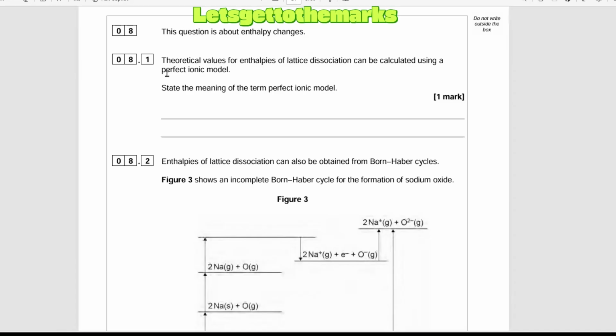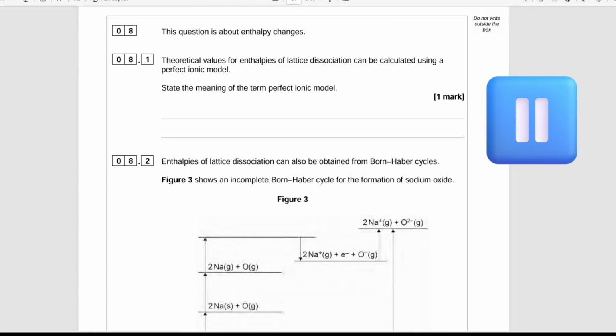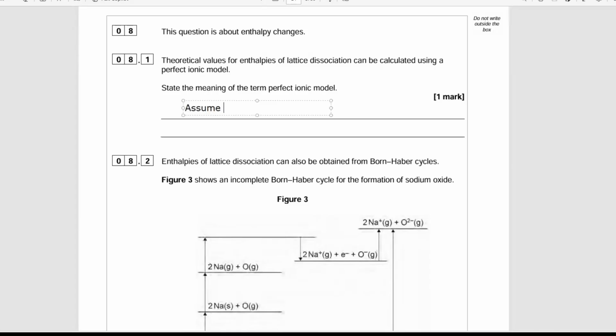All right, so the first question up is 8.1. Theoretical values for enthalpies of lattice dissociation can be calculated using a perfect ionic model. State the meaning of the term perfect ionic model. Pause the video. Okay, I'm going to go through the answer. So perfect ionic model means that you assume the ions are perfect spheres.